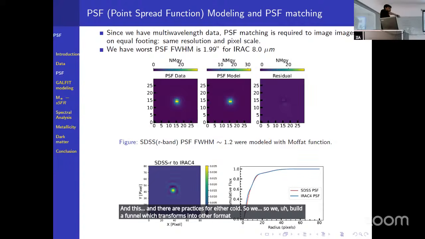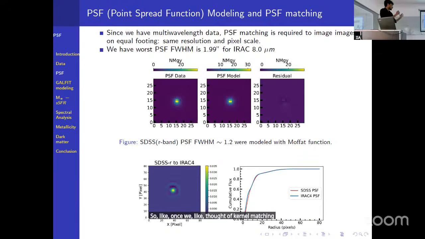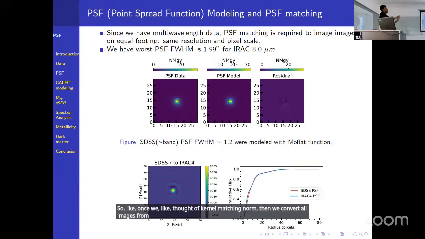Basically, we are going from a thinner PSF to a broader PSF, which matches the resolution of all your images. Once we got the kernel matching, we convert all images from SDSS, UVOT, and IRAC 1, 2, 3, 4 bands into the PSF of the IRAC 4 band.